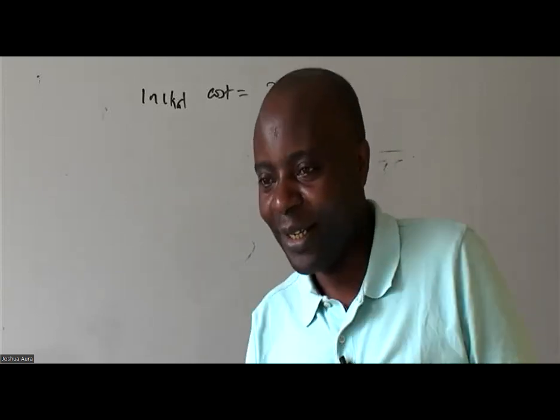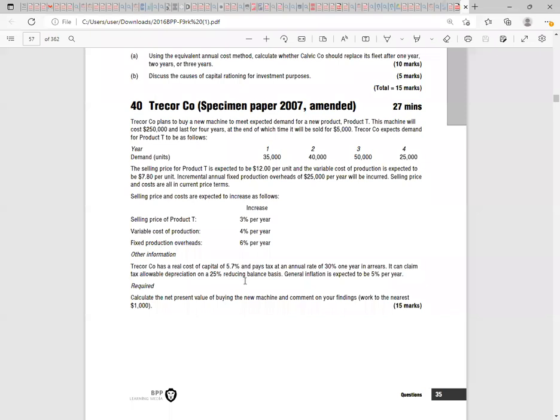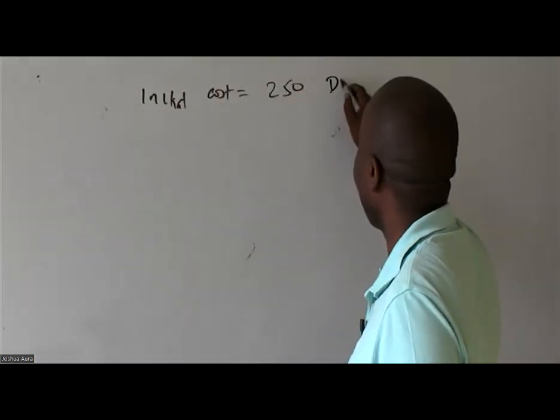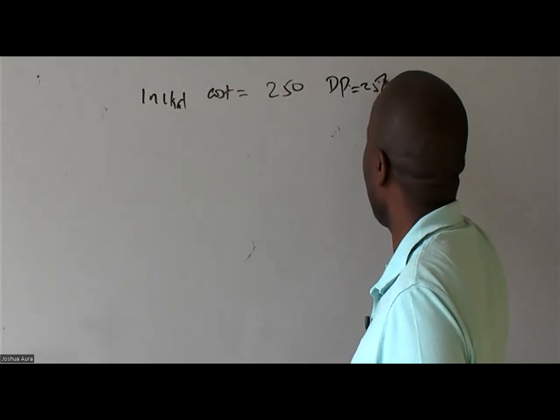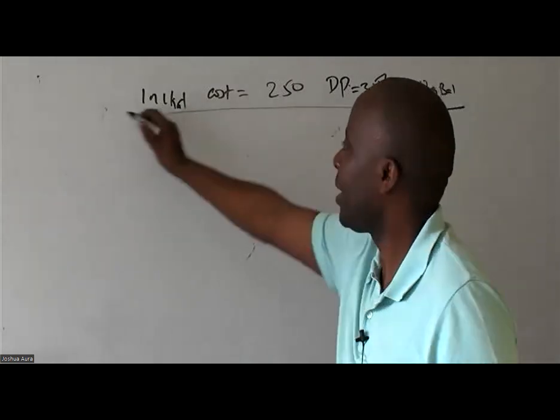All right. 25%, isn't it? They've given me 25% here. Reducing balance, 25%. So no worries. So what I'll do, depreciation per annum, 25%, reducing balance, like that.